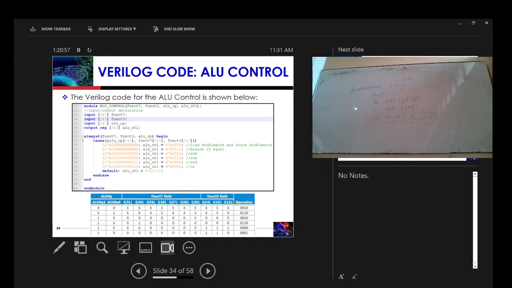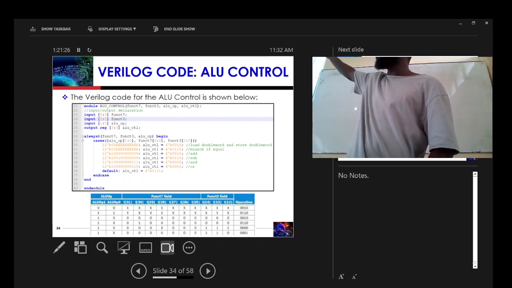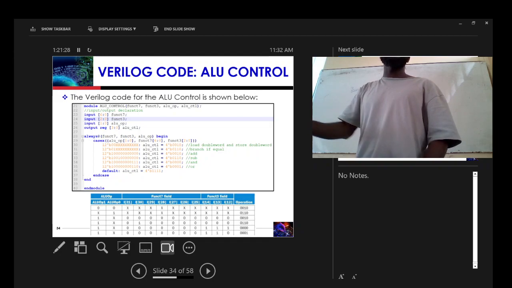On top here, you can see we have case on ALUOp, then the funct7 field, which is 7 bits, and the funct3 field. So if it is 12 bits of 0, 0, X, the value is 0010. Just hard code this into this. Understood? We are just looking at the table and putting in those codes there. It's as easy as that. There's nothing to it.